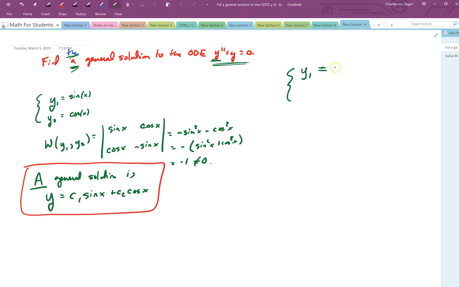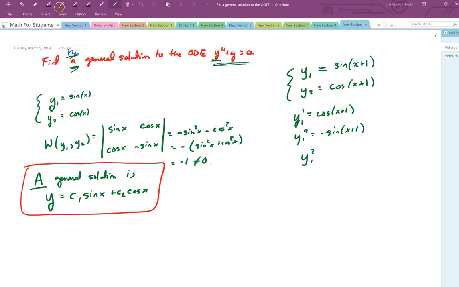If I pick the function y1 equal to the sine of x plus 1 and y2 is equal to the cosine of x plus 1, well, let's first confirm that they're solutions. If I take the derivative, y prime, I get the cosine of x plus 1, and if I take the second derivative, I would get minus the sine of x plus 1. So it seems clear to me that y1, I should write that as a double prime instead of a 2.